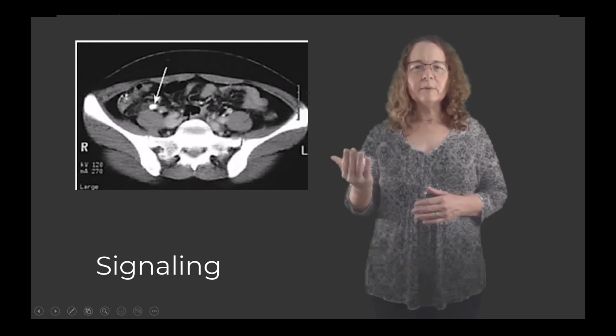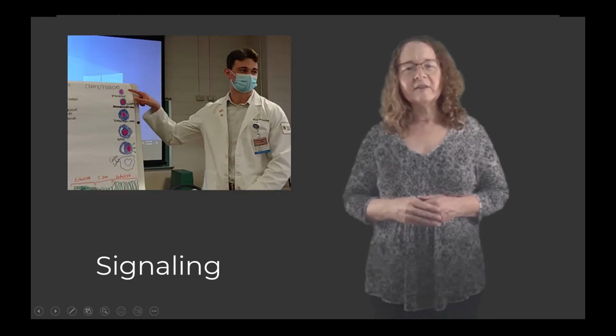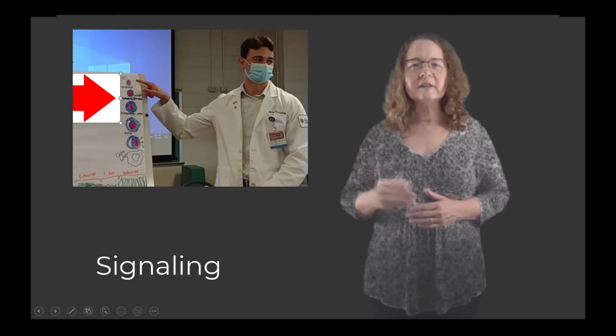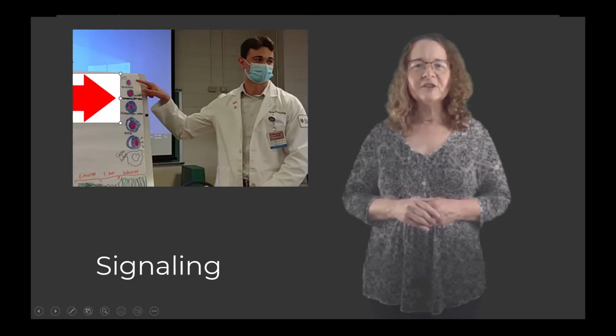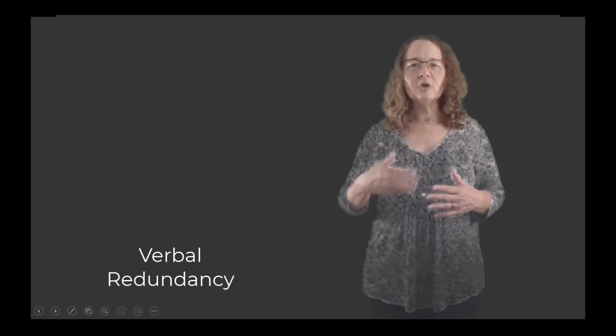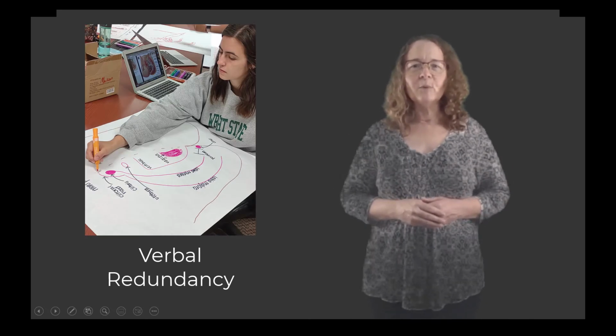The other things that we might point out is when we draw our anatomy and we're able to point to things like this student is doing, and then I can add extra arrows to really show signaling, hey, this is really important, pay attention. Verbal redundancy then might be saying things over and over, where if we put pictures with it, that will help them remember more.